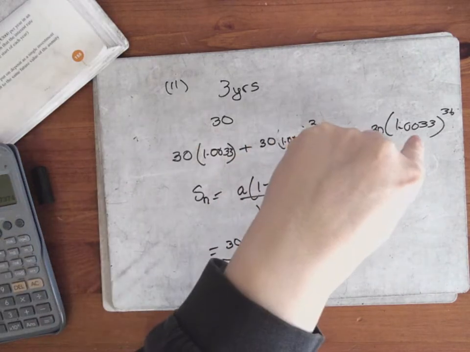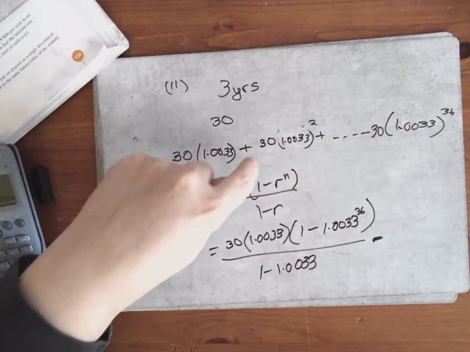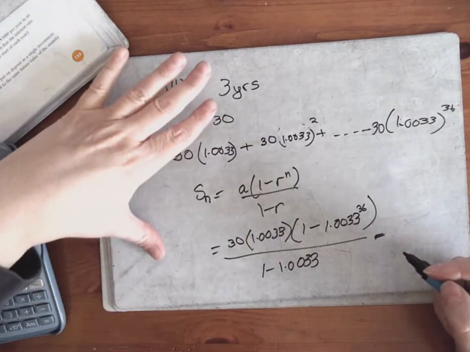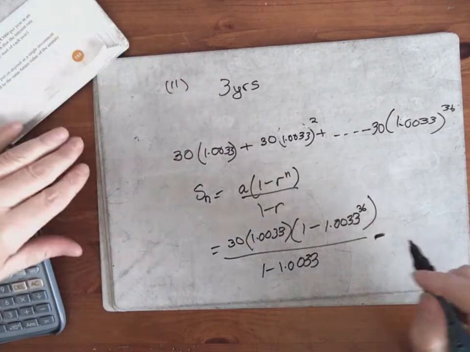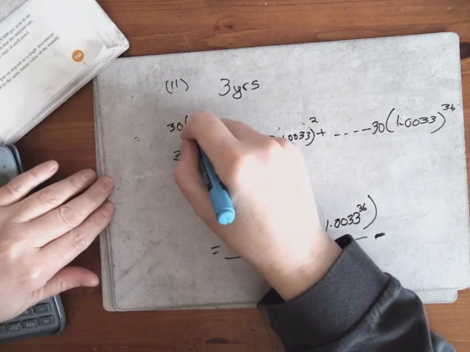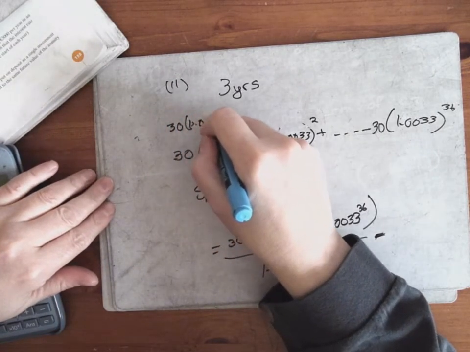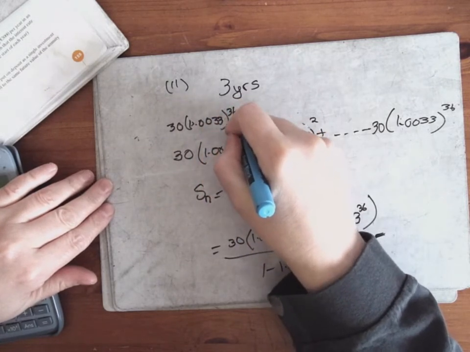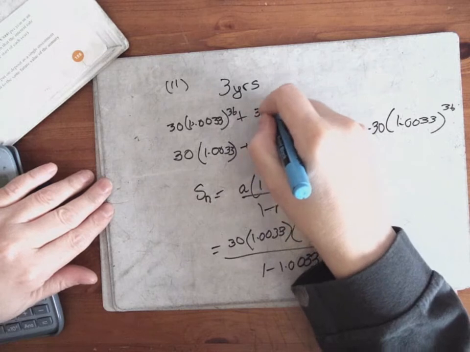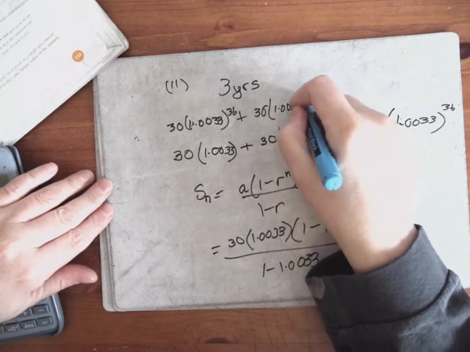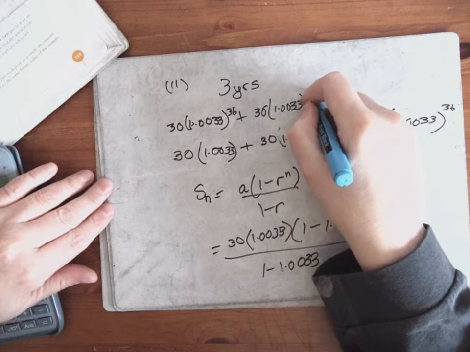Right, I wrote the list backwards to start with. If you wanted to be picky, you could say the first €30 was in for 36 months, the second €30 she saved was in for 35 months, and the last one she saved was only in for 1 month.